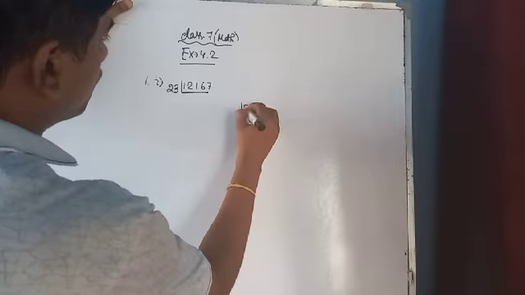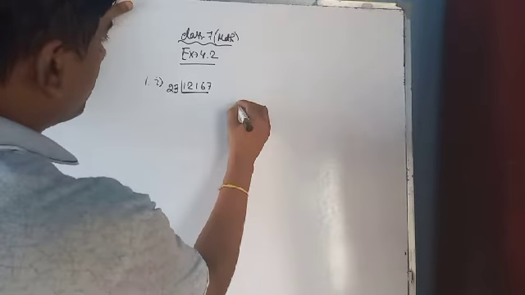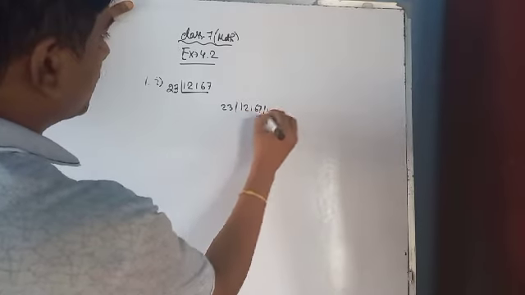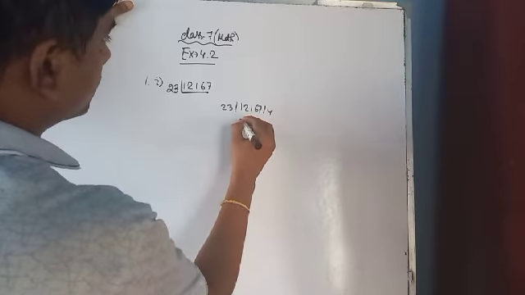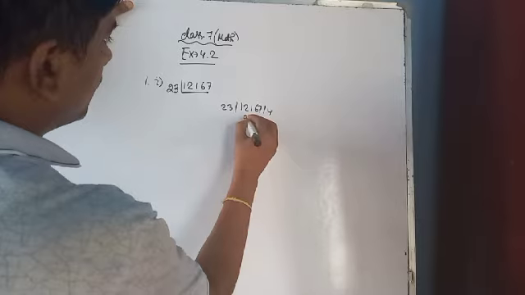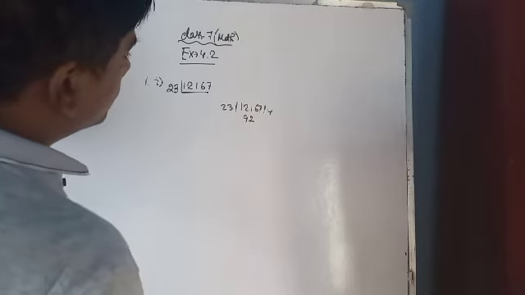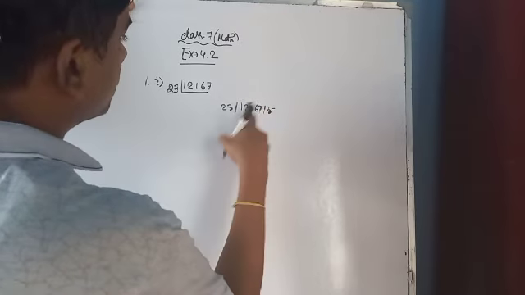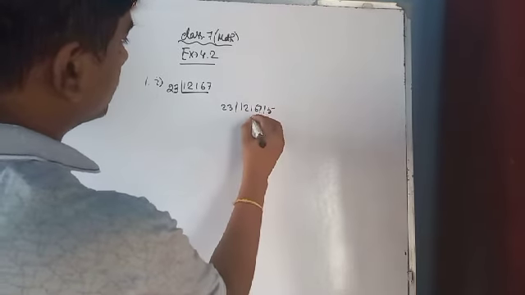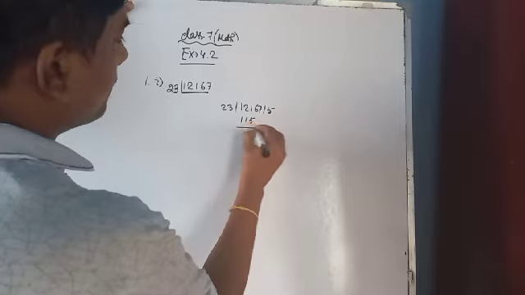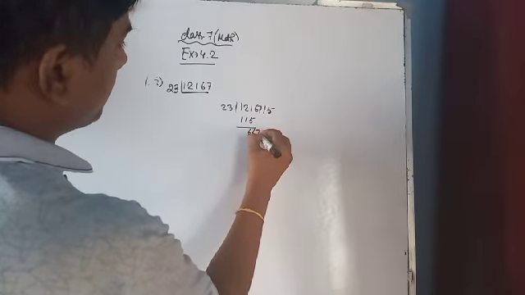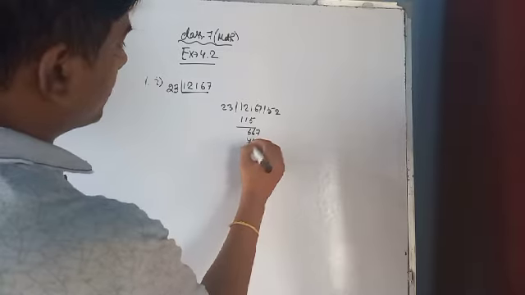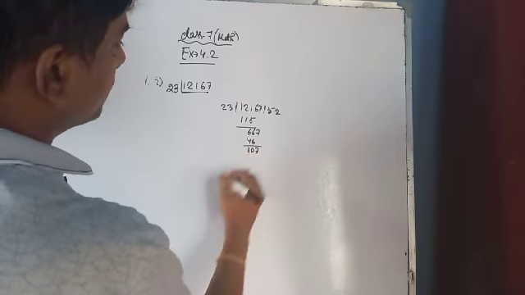23 3s are 69, into 1 2 1 6 7. Okay, 23 3s, 23 4s are 92, 23 5s are 115, 6 6 7. 23 2s are 46, 107.